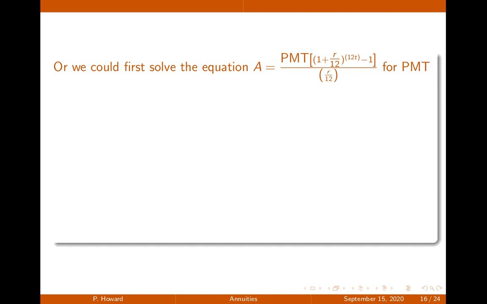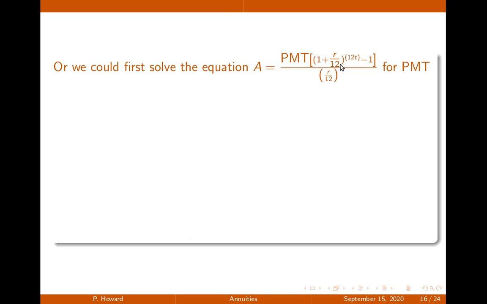And now let's try the other approach to finding what your payment should be. So the other approach is the one that involves a little bit of algebra. I want to solve this equation for PMT. And actually the algebra is pretty easy. I want to get rid of this divisor, so I multiply both sides by it. I'm multiplying both sides by r over 12.